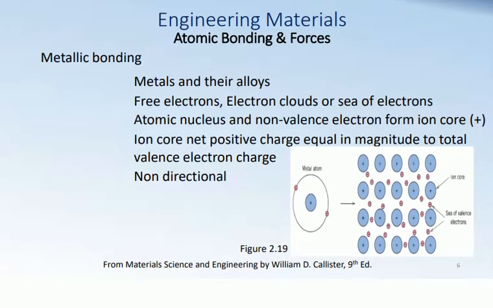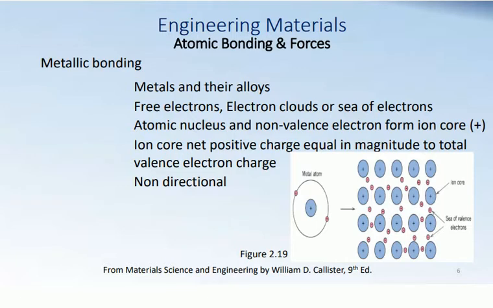We move on to the third type of primary bonding, that is called metallic bonding. As the name suggests, this is found in metals and their alloys, and it is found in metals that usually have valence electrons that are assumed to be free.